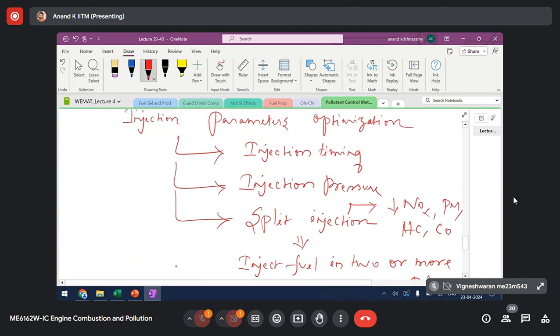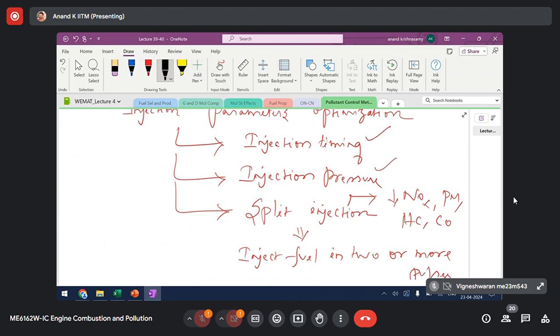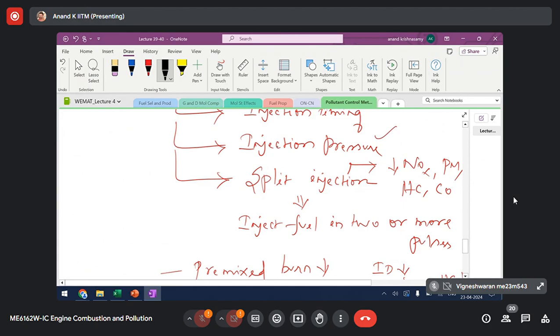We have already discussed the effect of injection timing and injection pressure previously. There is one more parameter that you can vary to control the primary pollutants in CI engines. The method adopted is called split injection.